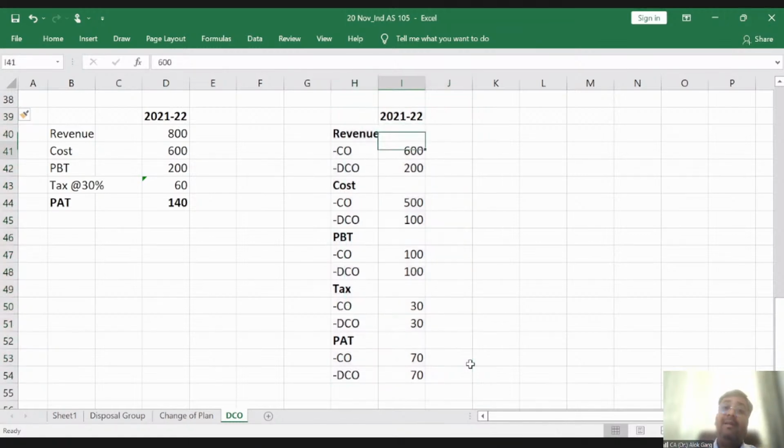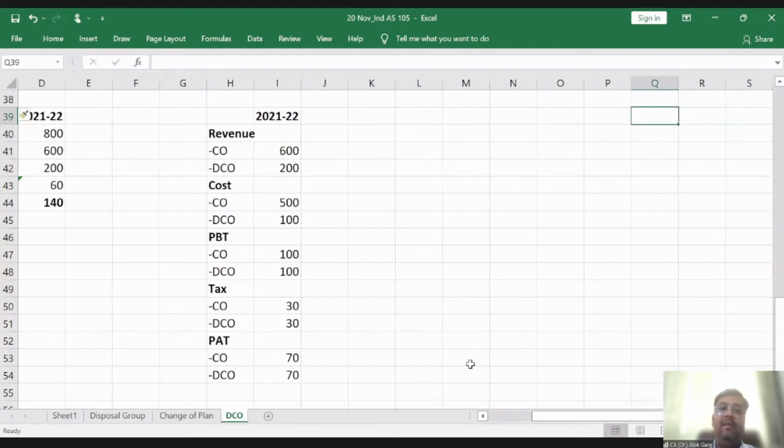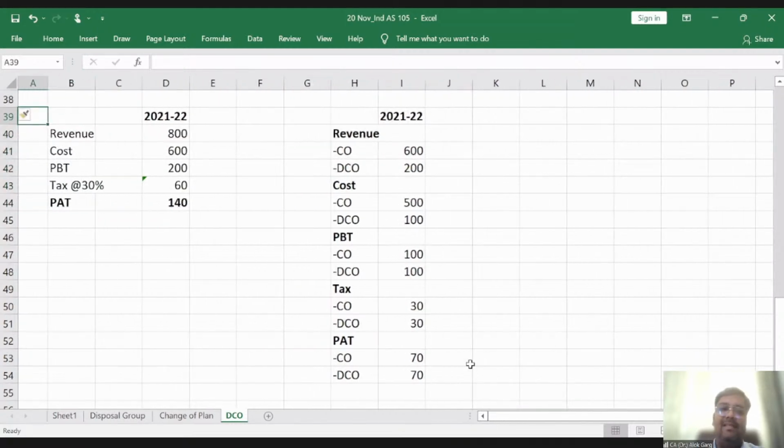Is it a better way of presentation? Let me show you one more presentation of P&L. But we all agree it should not be this one. This is not right, because this is not giving a proper insight.